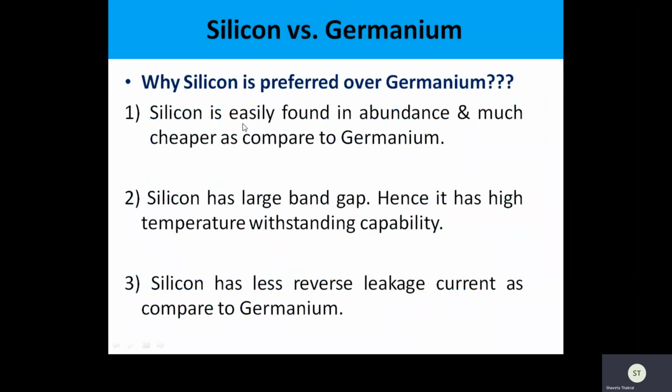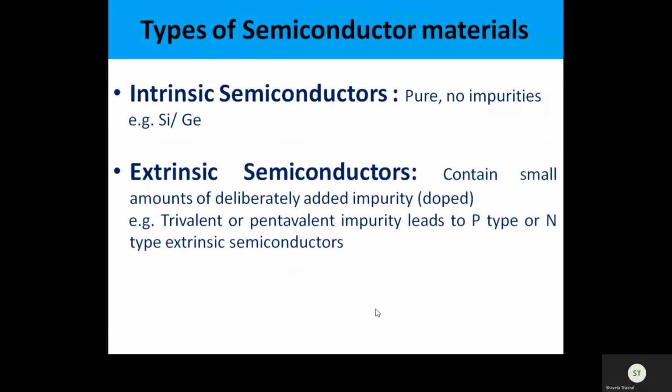The first point is that silicon is easily found in abundance and is much cheaper compared to germanium. Second, silicon has a large band gap, hence it has high temperature withstanding capability. And third, silicon has less reverse leakage current compared to germanium. Because of these three points, silicon is preferred over germanium.